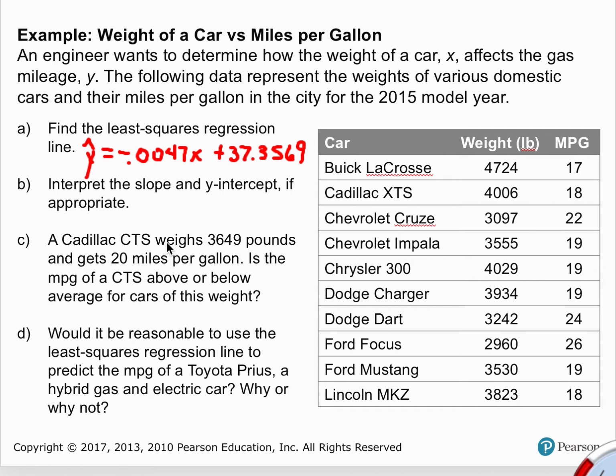Okay, a Cadillac CTS weighs 3,649 pounds and gets 20 miles per gallon. Is the miles per gallon of a CTS above or below average? So let's get a prediction. All right, this car weighs 3,649. Okay, and enter it in our calculator.